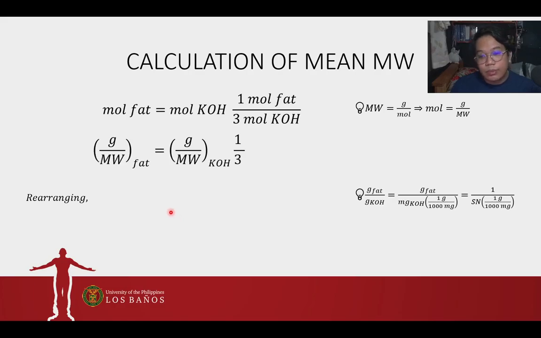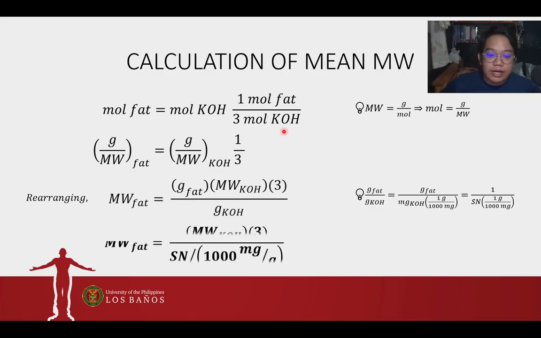And then, what we have here for the calculation of mean molecular weight, so yung mole fat natin ay equal sa mole ng KOH multiplied to 1 mole of fat over 3 moles of KOH. Okay?